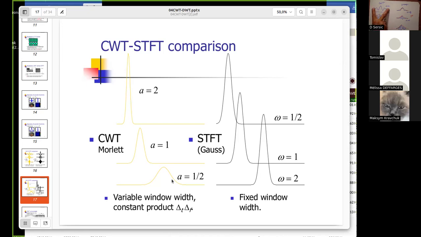What was wider in the time domain is now narrower in the frequency domain, and vice versa. But the product remains the same. For STFT, the product is, of course, the same because the widths are constant and do not change, so the product is constant.